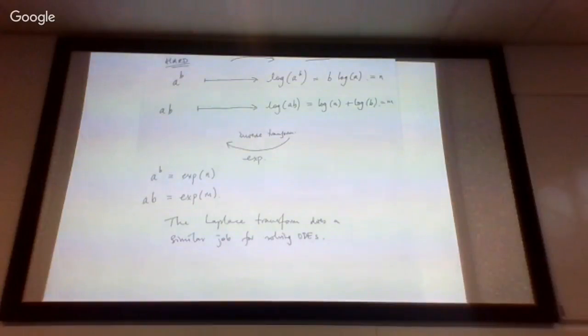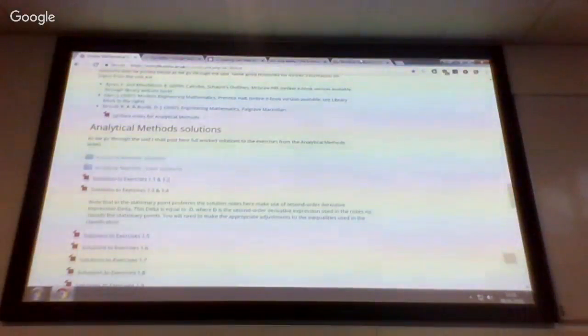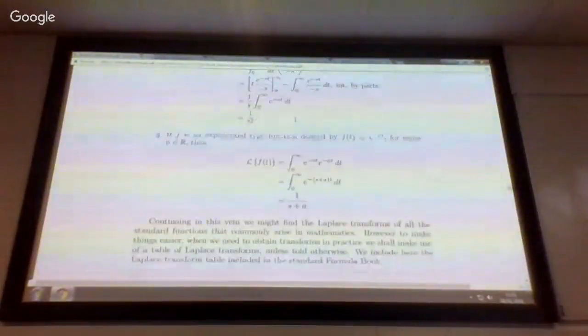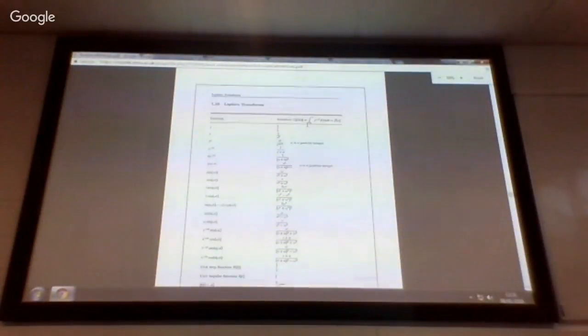And indeed, just like those log tables, we have our own tables that we're going to be using. If you go forward a few pages in the notes, we've got our Laplace transform table.